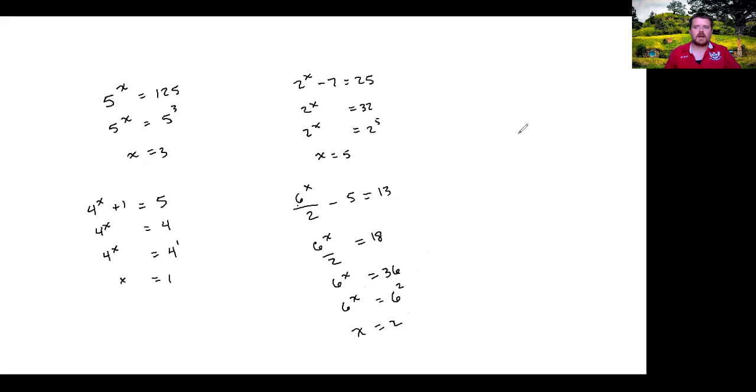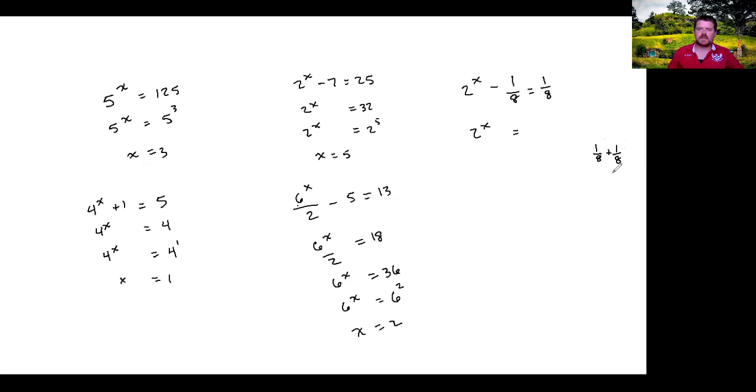Keep in mind that you can have fractions, you can have decimals involved here, especially if we're talking about negative exponents. So for instance, let's say I have 2 to the x minus 1/8 equals 1/8. I would add 1/8 on both sides, and maybe I need scratch work if this has been a while.